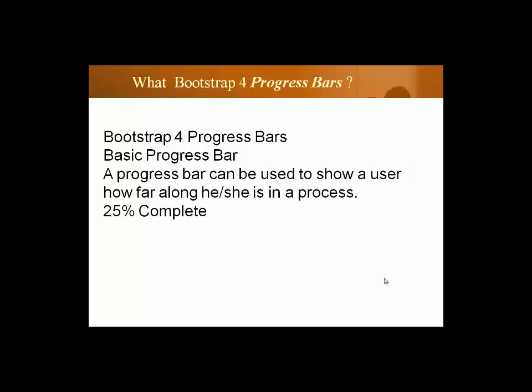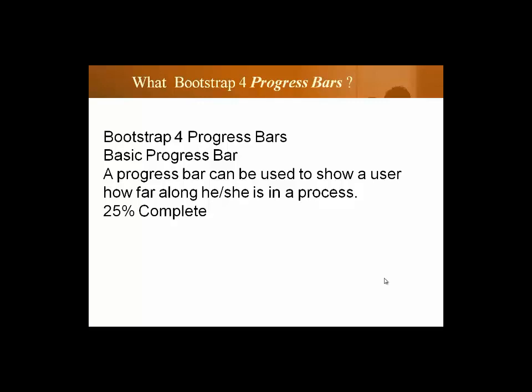Second, what is the progress bar? A progress bar is used in responsive websites and also desktop applications, and you can use it for your computer and your websites according to your wish. A progress bar can be used to show the user how far along he or she is toward completion. It depends on you: 40%, 25%, 50%, 95%.